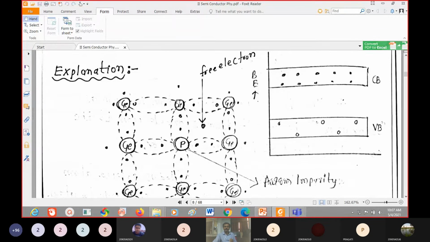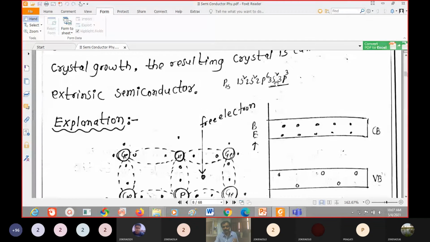Here germanium requires 4 electrons to fulfill the bonding, but the outermost shell of phosphorus has 5 electrons.